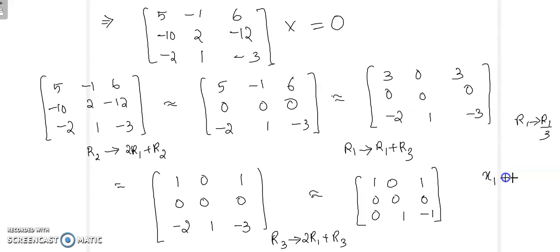So you will get x1 plus x3 equal to 0. Then x2 minus x3 equal to 0. So if I take x3 equal to t, I am going to get x1 equal to minus t and x2 will be equal to t. So the required eigenvector is minus 1, 1, 1.